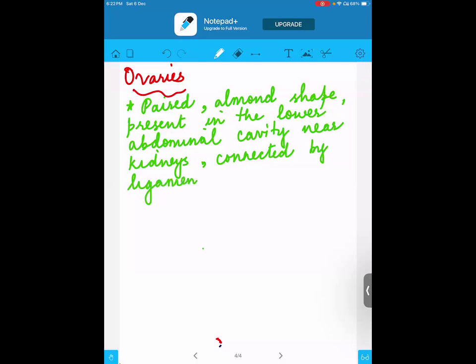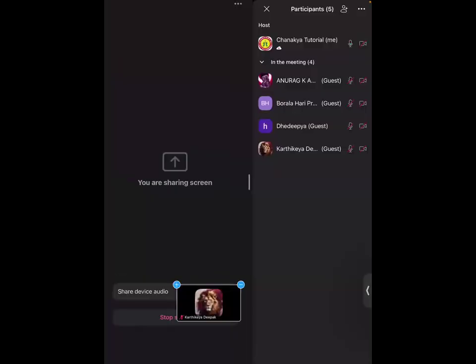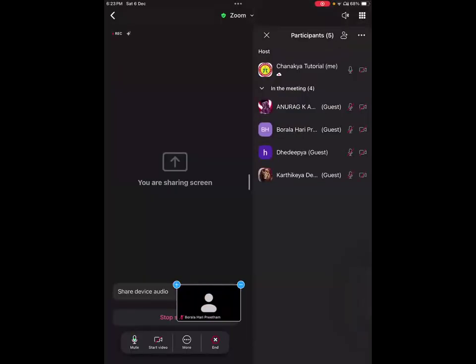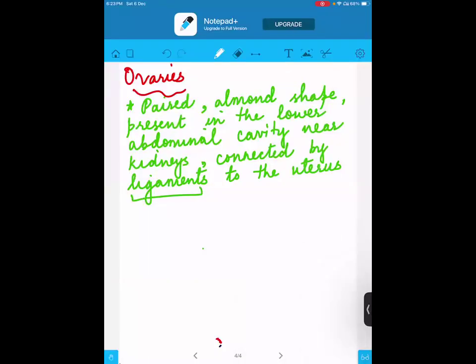Now, what do you understand by ligaments, children? They are connected by ligaments. What do you mean by ligaments here? Deepya, Preetham, Anurag and Deepak, you might have learned about ligaments in grade 9. Do you remember what ligaments are?